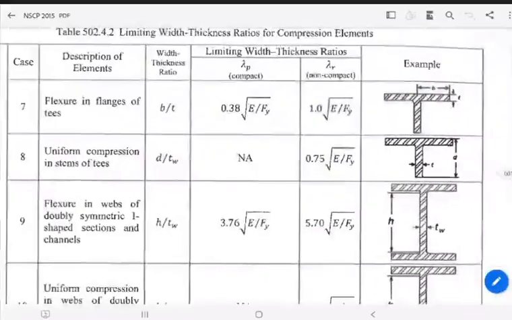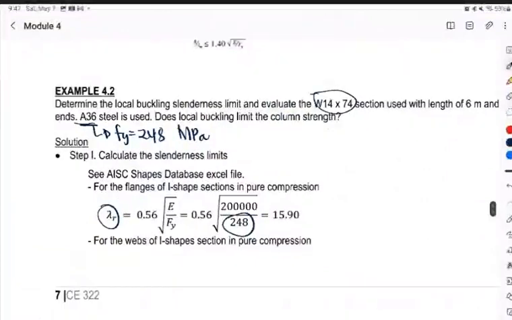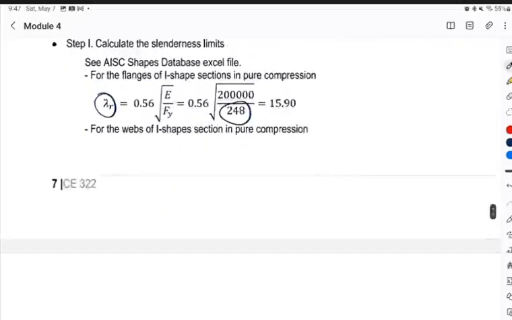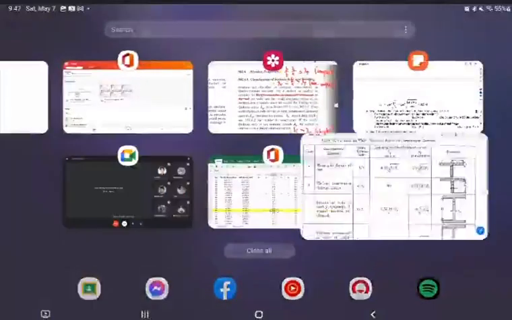Alright. So we check here. So lambda r for the flanges is 0.56 square root of E all over Fy. So direct substitution, then we have 15.9. What about the webs? Okay. For lambda r, it is 1.49. Tama ba? I-check natin.